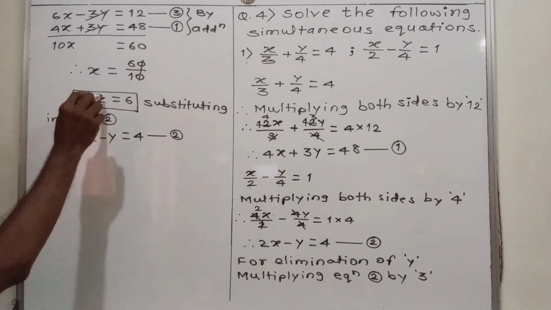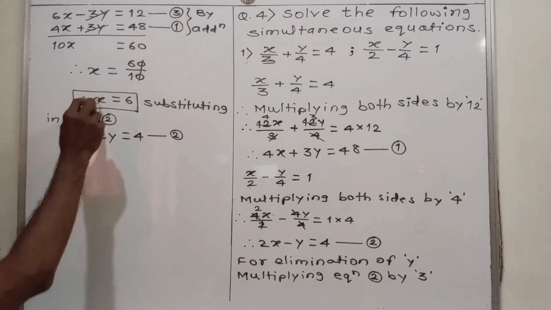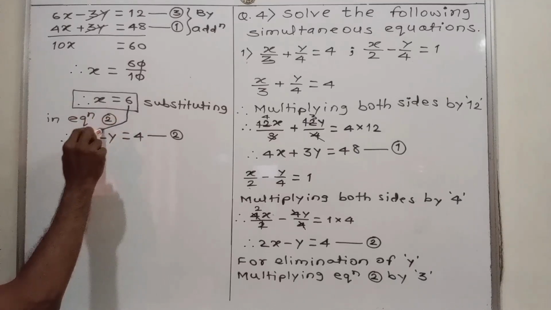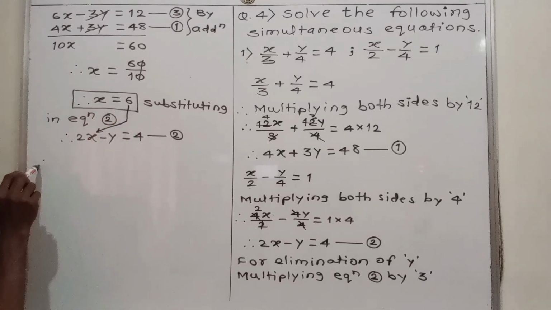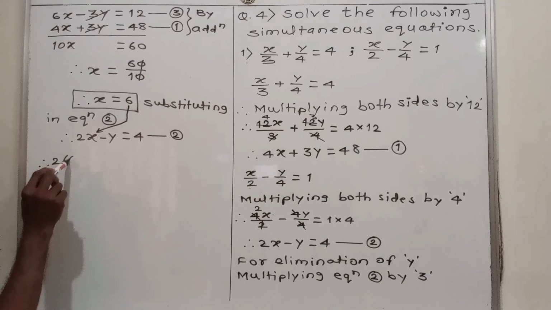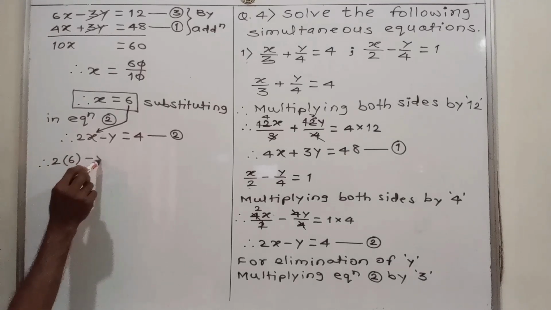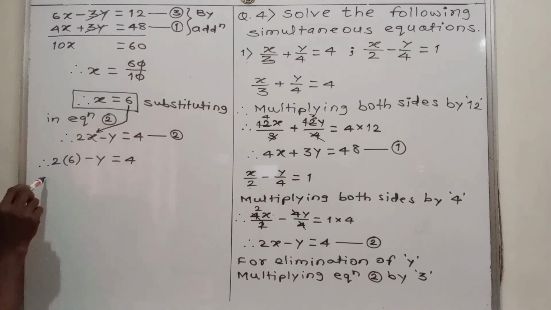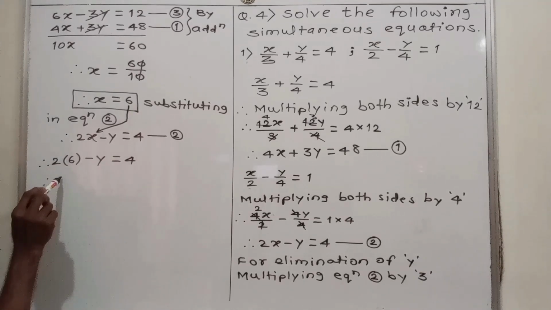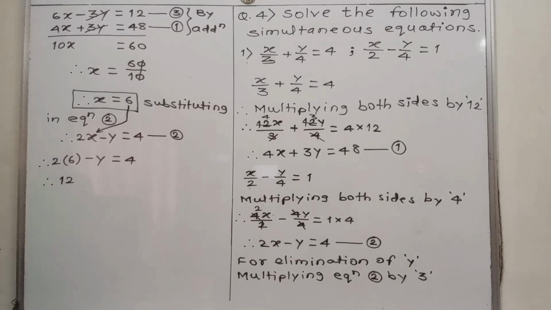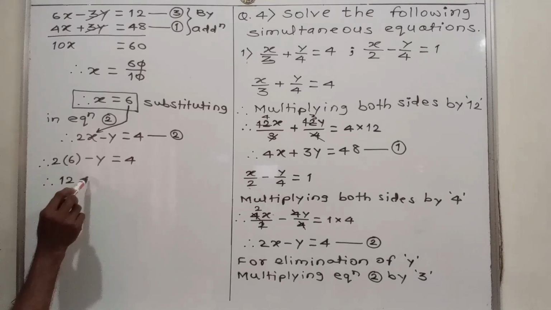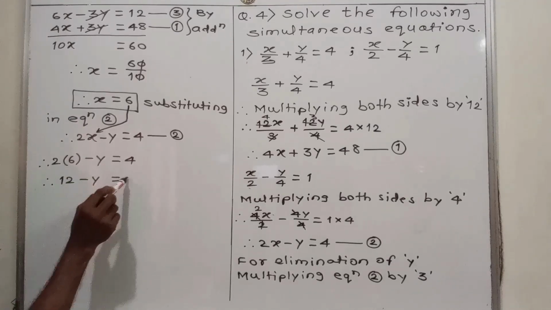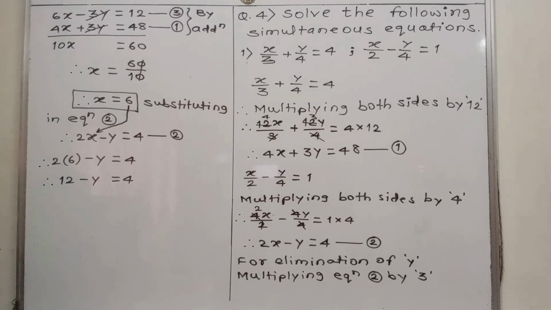Now we put value of x here. This value we put here. Therefore, 2 into 6 minus y is equal to 4. 2 into 6, 12 minus y is equal to 4.